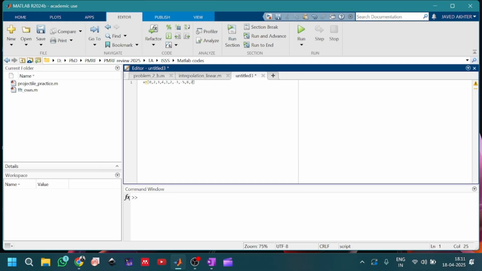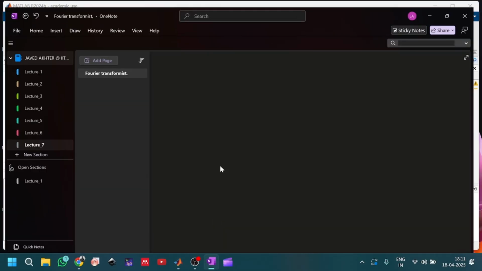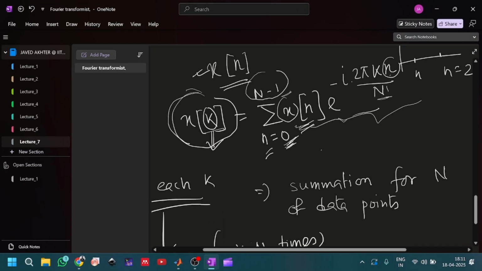Okay, so this is our X. So this is how our X array now looks like. Then what do you want to do? So here, what is the n value now? So n is running from 0 to n minus 1.